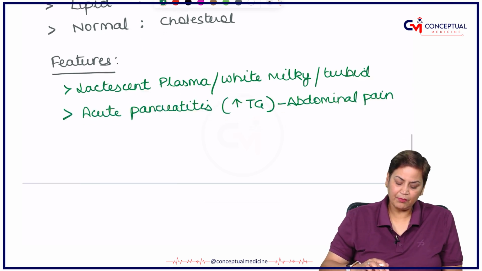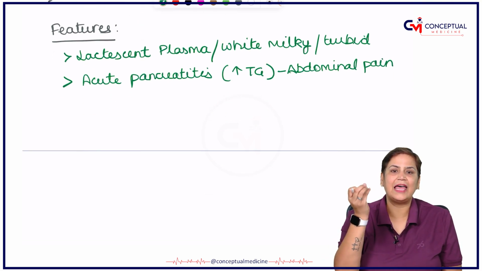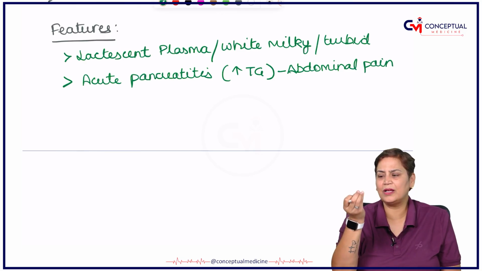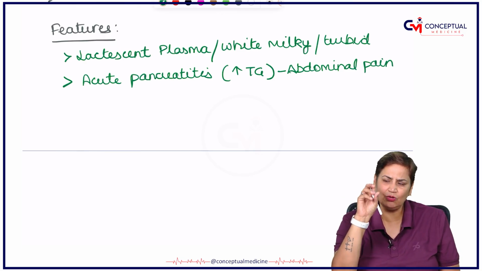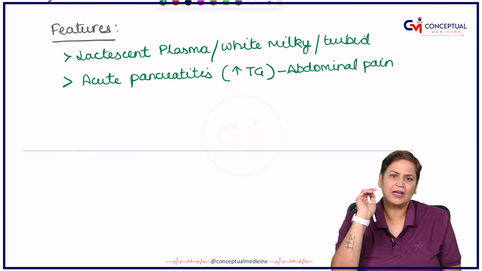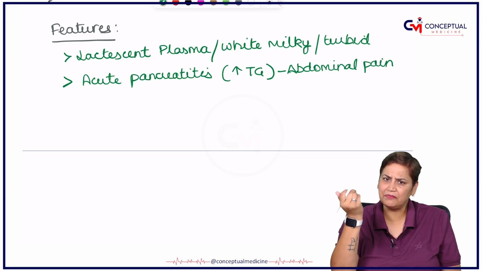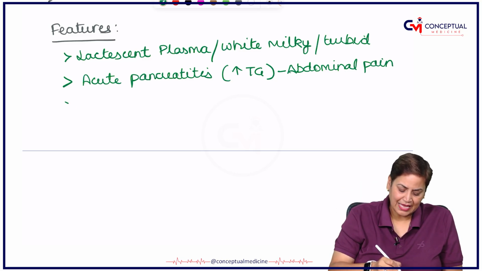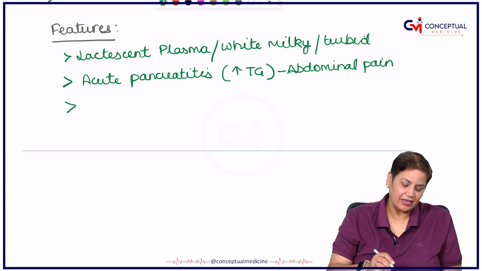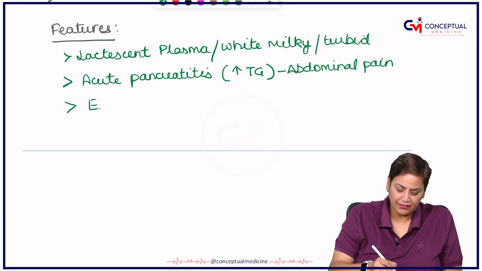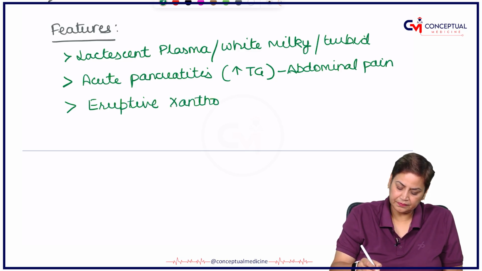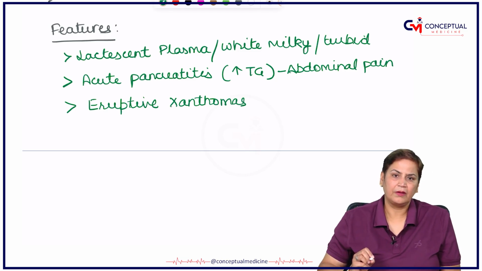And another important feature here will be xanthomas. What are xanthomas? Xanthomas are basically deposits of these chylomicrons or deposits of these fats. And what kind of xanthomas are there in type 1? They are eruptive xanthomas. Right.